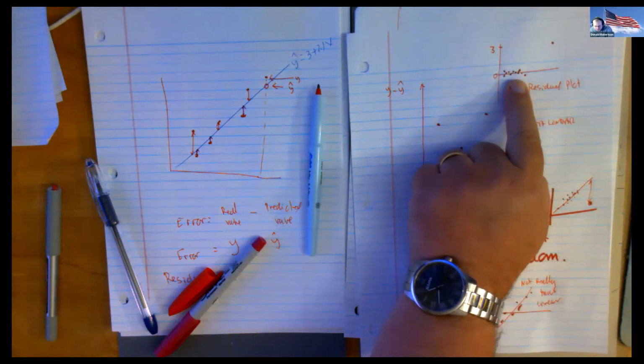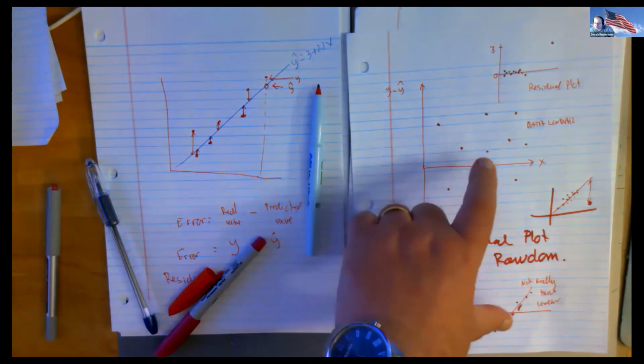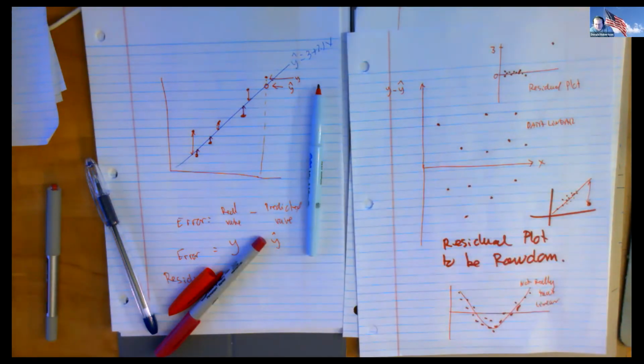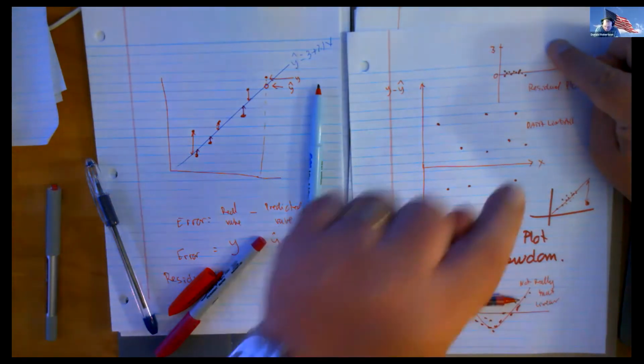So how would you redo the residual plot so you could figure out which of these two situations you really got? What would be the easiest way to fix the problem of the outlier? Eliminate the outlier. Right. So you eliminate that guy, and it looks like that.